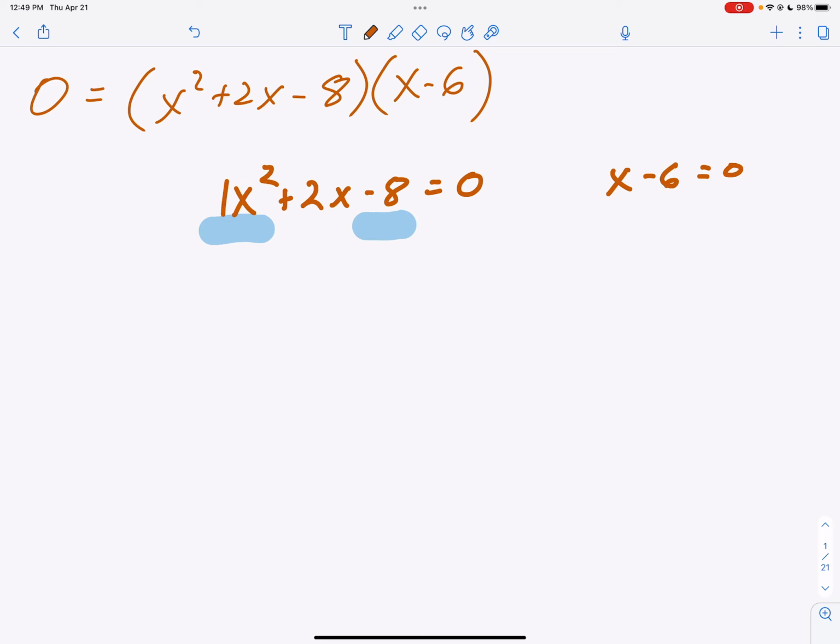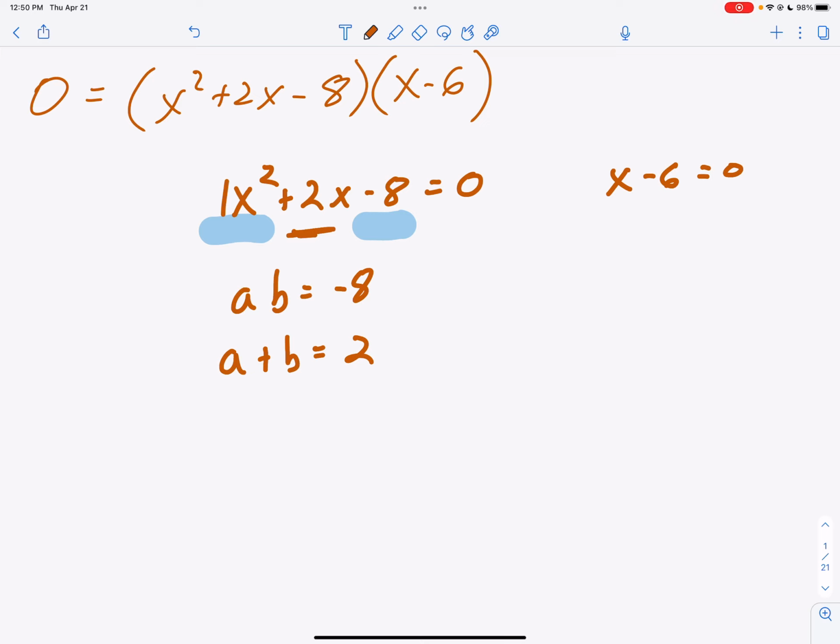So we need two numbers, let's say A times B is equal to -8. So we need two numbers that multiply together to get -8, and because of the way distribution works, add together to get this number, 2. Two numbers that multiply together to get -8 and add together to get 2.